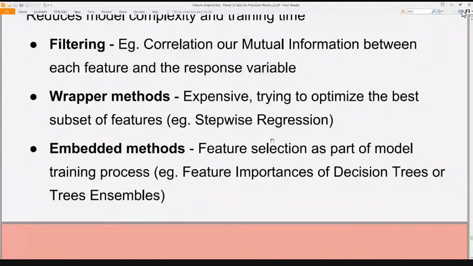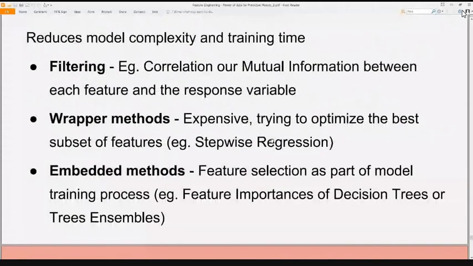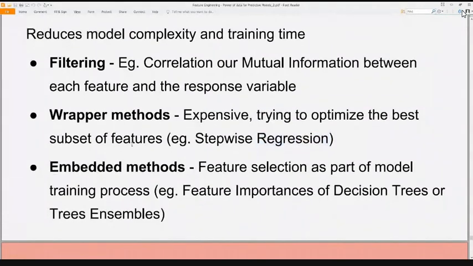Then there are embedded methods: feature selection as part of the model training process, e.g. feature importances, whereby if you use a decision tree, you can visualize where the features show their importance. Then it uses a mathematical formula to calculate which features are important.